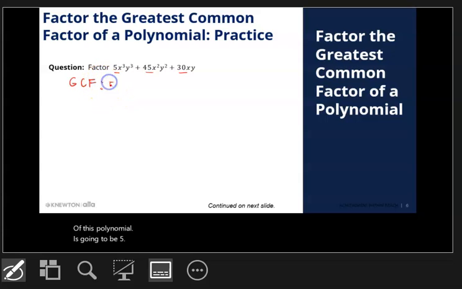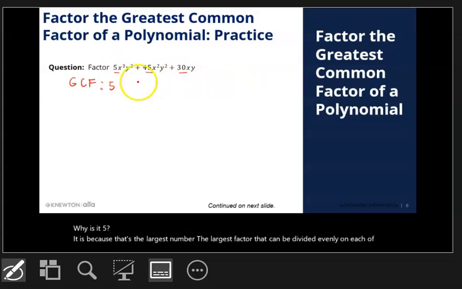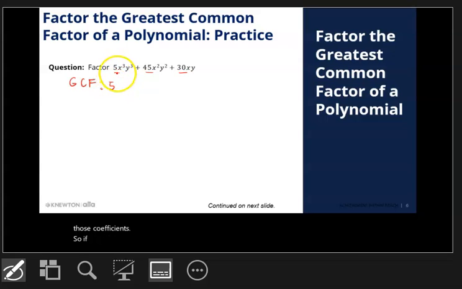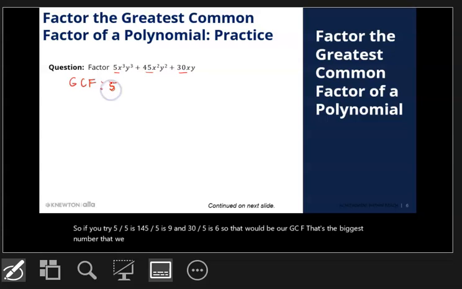Why is it 5? It is because that's the largest factor that can be divided evenly into each of those coefficients. If you try, 5 divided by 5 is 1, 45 divided by 5 is 9, and 30 divided by 5 is 6. That's the biggest number that we can use to divide those coefficients evenly.